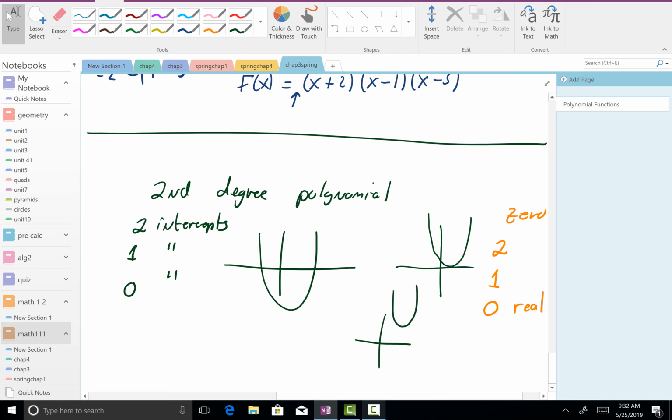However, that doesn't mean it doesn't have some more zeros. It's just that they are not real numbers. They're imaginaries, with the little i's. So 2, 1, 0 real.